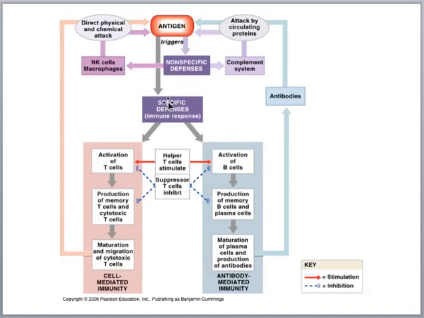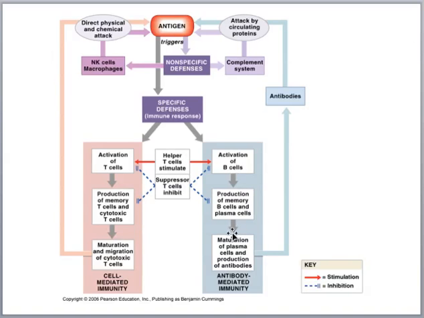And then our specific defenses, we have the cell-mediated immunity, and we have antibody-mediated immunity. And we've got the helper Ts that are important in both. The helper T cells, the CD4s, are important in both cell-mediated immunity and antibody-mediated immunity.